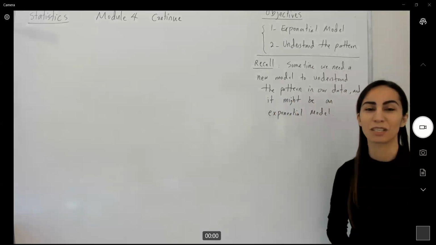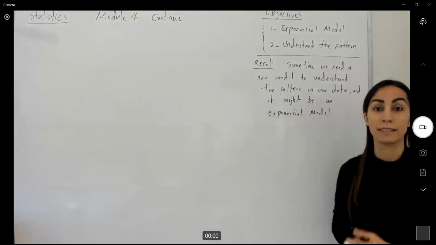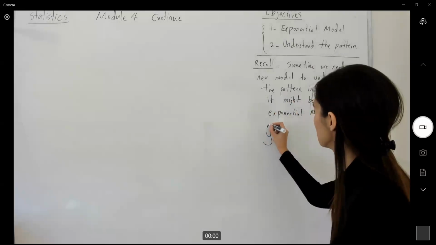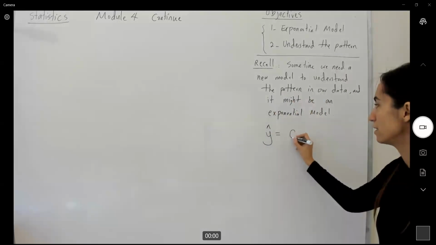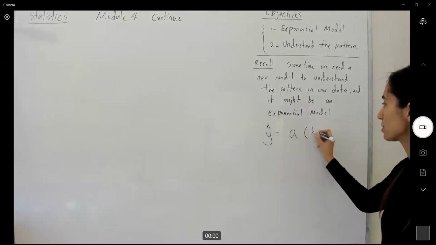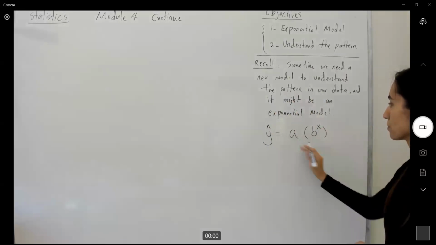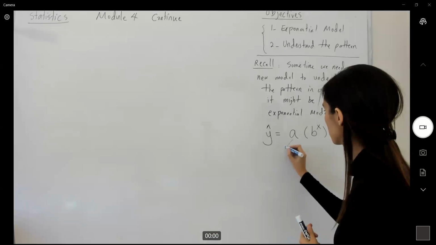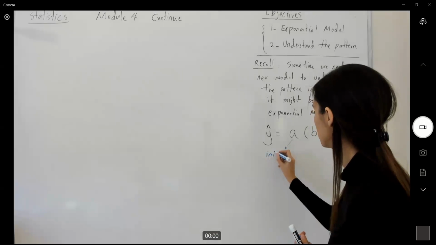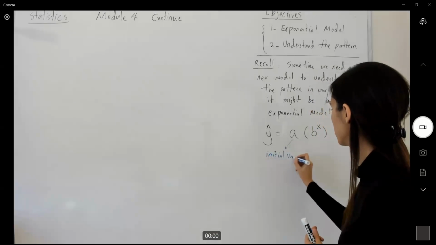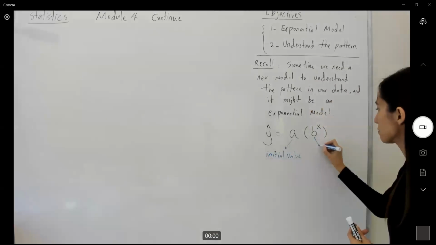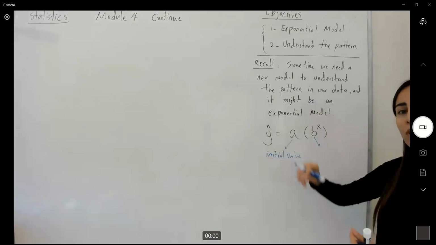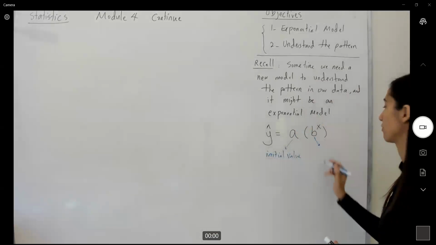Remember last time we talked about the amount of radiation level. We say y hat is equal to A, the initial amount, times B to the x. A is the initial amount, initial value, and B we call either a growth or a decay factor.